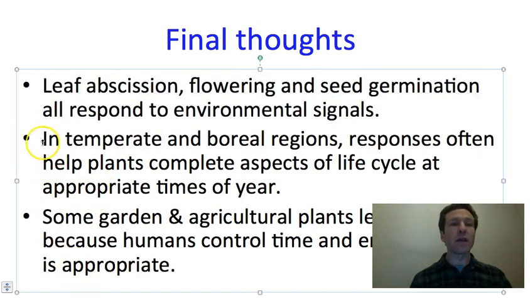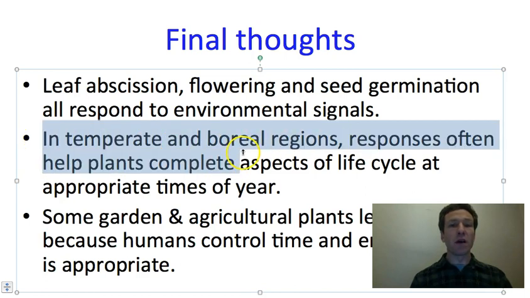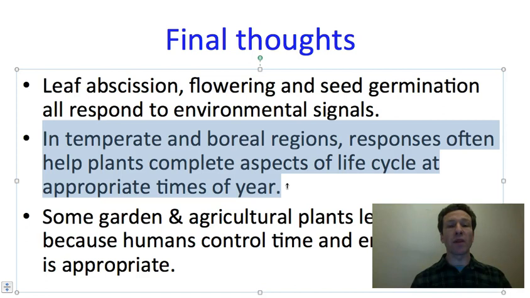Second, in temperate and boreal regions, the responses are often geared toward helping the plant avoid doing something that is not going to be useful during winter. Things like germinating or making flowers at the wrong time, and it is helping them get rid of their leaves before the winter. So a lot of this has to do with avoiding a difficult cold time of year in which to grow.